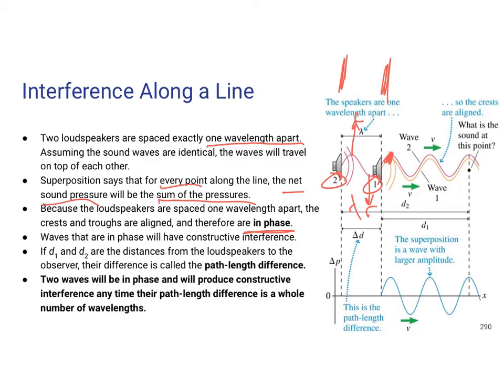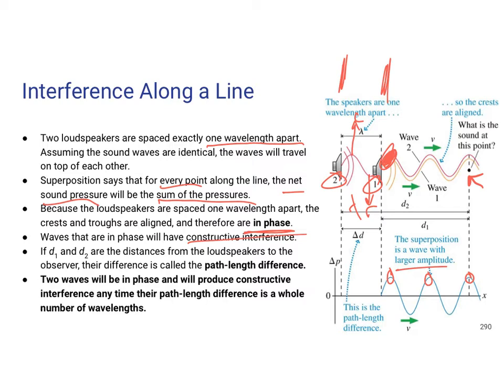If they're in phase like this, I have two compressions that meet at the same time, and they will interfere constructively. We will get constructive interference. And that means as my two compressions come together, our pressure will add together and we will have a larger amplitude. And that means that it will sound louder. So where we're standing at this point over here, we're going to hear the superposition of both waves, and that'll translate to a louder sound.